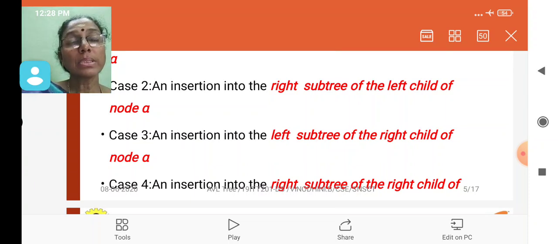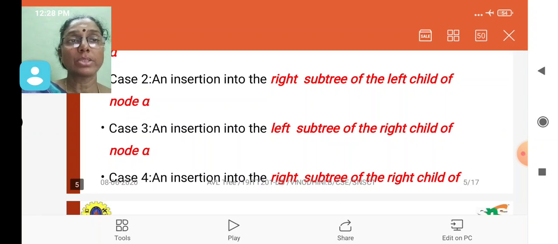So the double rotation is LR or RL rotation.